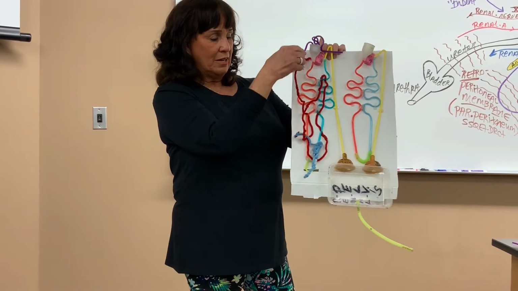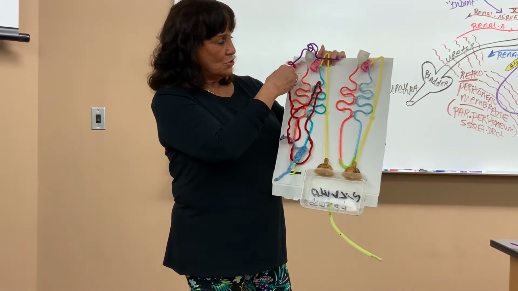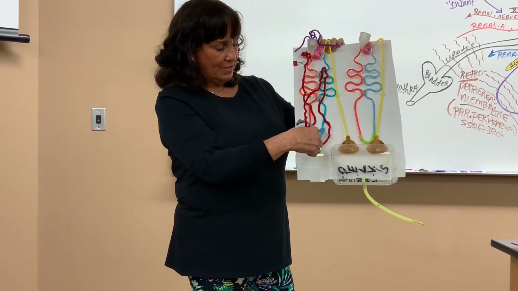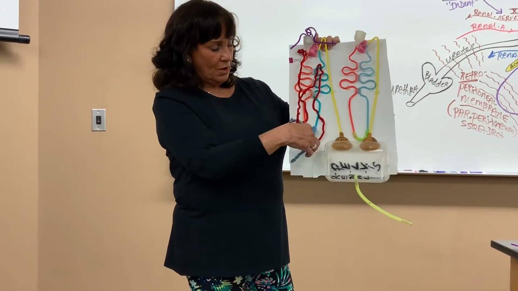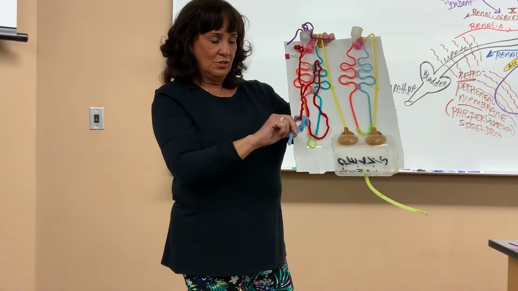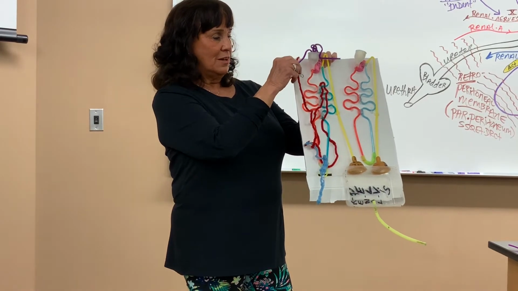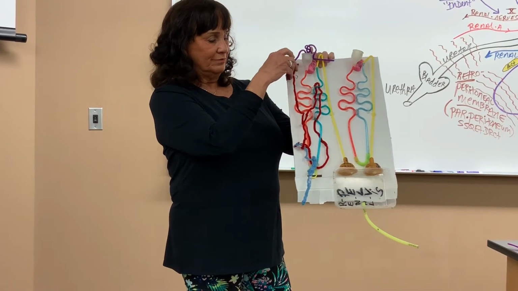So this capillary right here is going to go on top of all the tubes, and then eventually the vasa recta will become the venule, and then it's going to go out of the kidney. And so that's how that's going to go, okay?